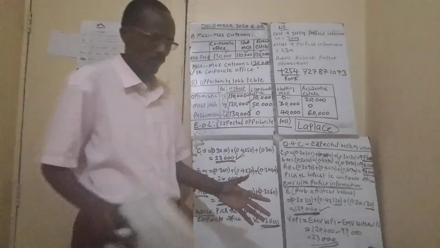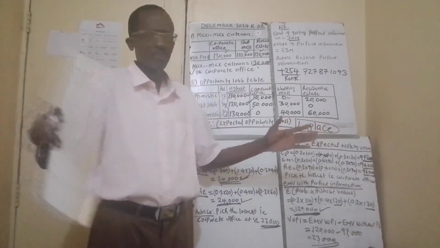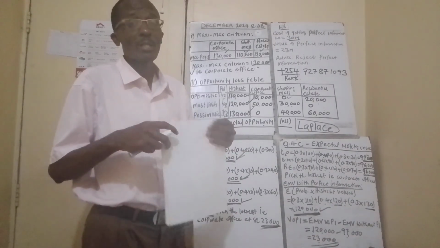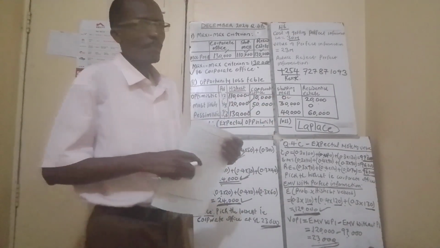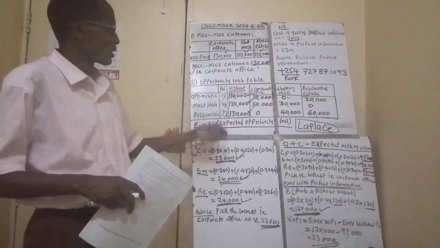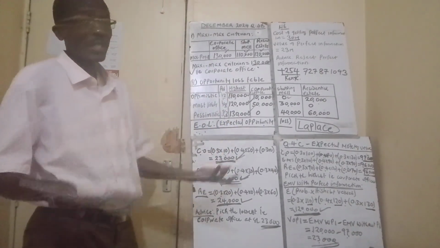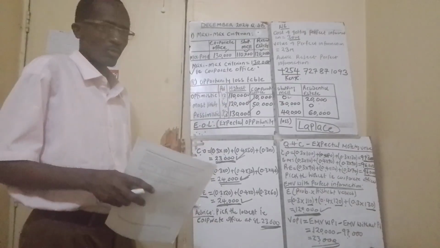So if you are given a question and probabilities have not been given, you assume that all these items have equal weights. If there are 4 items, it means 1 over 4, 1 over 4, 1 over 4, 1 over 4. If there are 2 items, 1 over 2, 1 over 2.